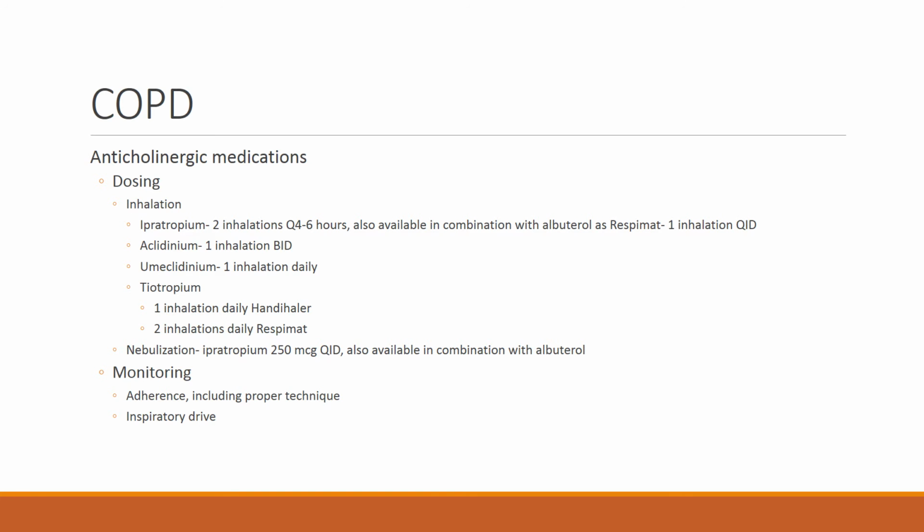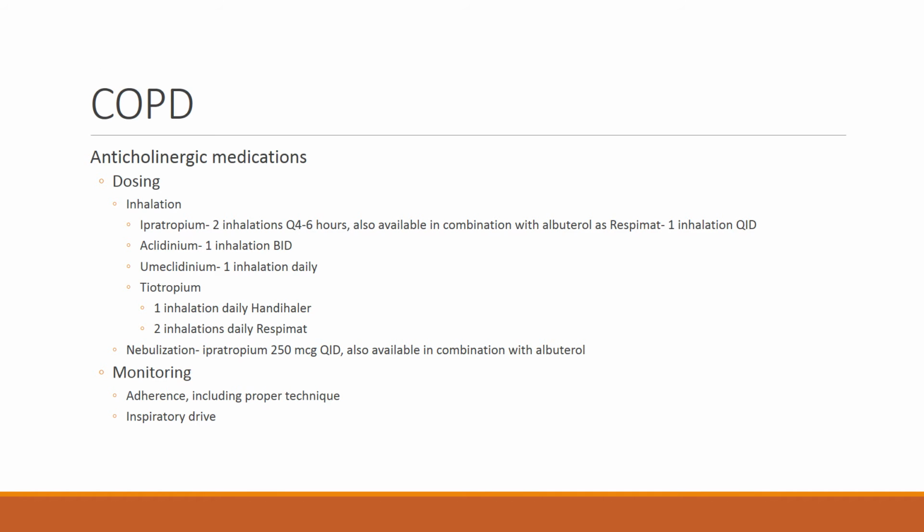That's in combo with albuterol. So albuterol and ipratropium together in 1 Respimat. It's 1 inhalation 4 times a day. And we'll see that a lot, obviously, as patients progress. Maybe they start just on albuterol or start just on ipratropium, but more often than not, you see them on that combination.